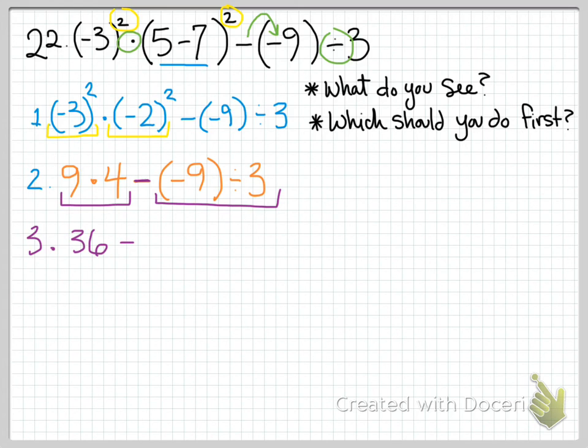And -9 divided by 3 is -3. All right, in order to move forward, we need to distribute this negative to this negative, which will give us 36 plus 3, which equals 39.